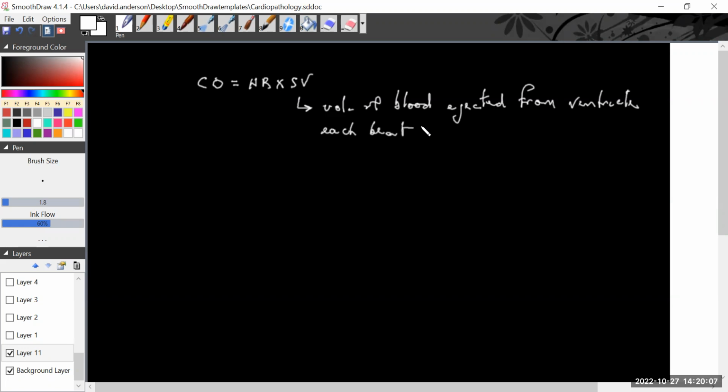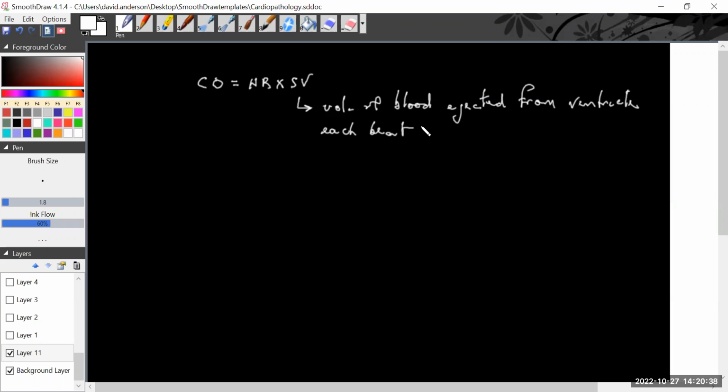And in a typical average sort of sized heart, it's somewhere in the vicinity of 70 milliliters or so of blood with each beat will be ejected from the ventricle. So when we're looking at systemic blood delivery, it's the left ventricle that we're talking about. But the concept applies to the right side of the heart, just that the stroke volume is being delivered to the lungs. The right pump delivers to the lungs, the left pump delivers systemically to the rest of the body.